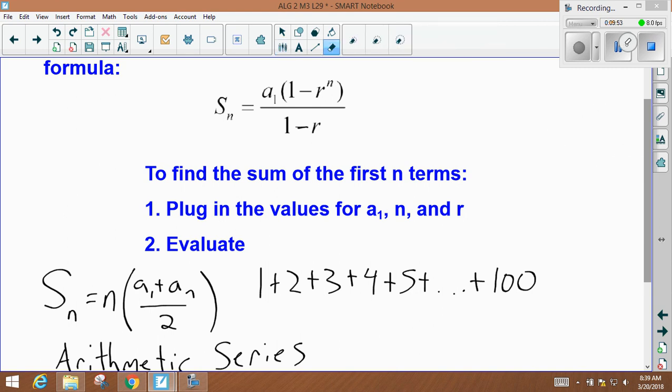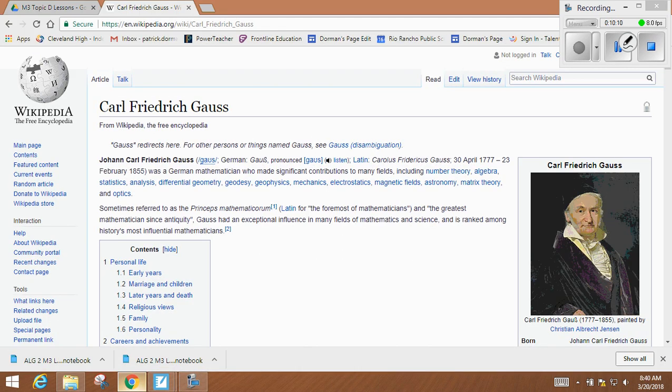There was a brilliant mathematician by the name of Gauss. I think his name was like Johann Friedrich something Gauss. I have him here. This guy, Johann Karl Friedrich Gauss. This guy is a good looking guy.